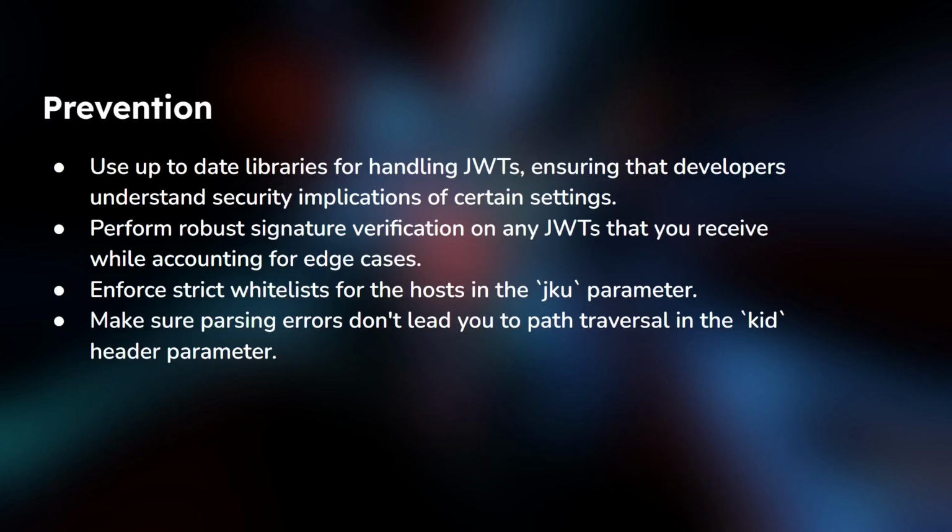Otherwise you're not really doing yourself any kind of service if you're not verifying JWTs, and make sure that your logic is pretty sound, pretty robust. Make sure that you're enforcing pretty strict whitelists for JKU parameters and which public keys are allowed to be used or which keys are being used in general. And then make sure that parsing errors don't lead to path traversal in the KID header, which is kind of like an edge case, but it's still worth including.